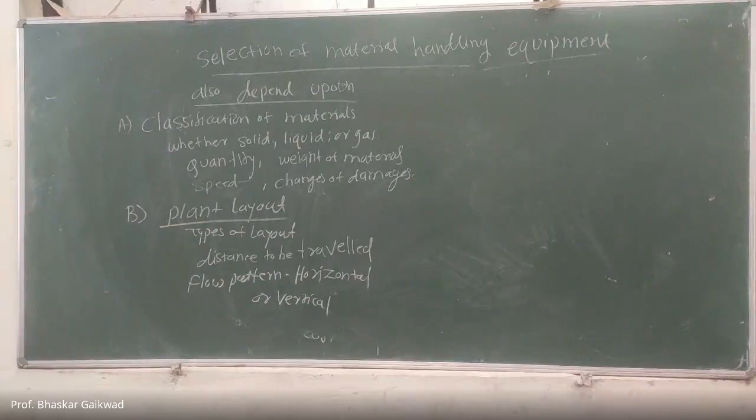Distance to be traveled means how much that distance is, maybe half a kilometer, kilometers. This point you have to consider. Then the flow pattern, whether horizontal or vertical. Bucket elevators in the sugar industry are set vertical, but cane carrier conveyors are set horizontal. And depending upon the distance, vertical or horizontal, you select which type of conveyor.